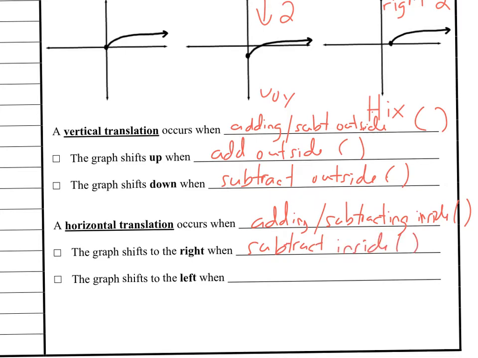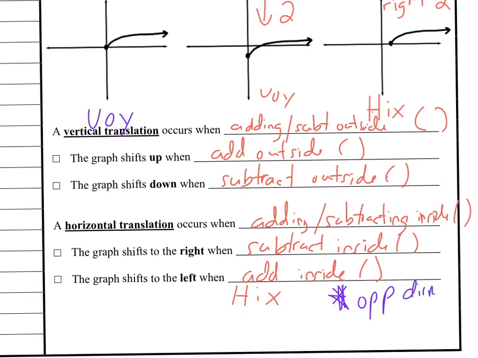Subtracting moves it right, which means it shifts left when we add inside parentheses, and that's our Hicks. Up here for vertical, that's going to be our void. Okay, and you want to memorize or star that horizontal is opposite what you'd expect, or opposite the direction of the sign. Okay, so if the sign is positive, it's going left. If the sign is negative, it's going right.